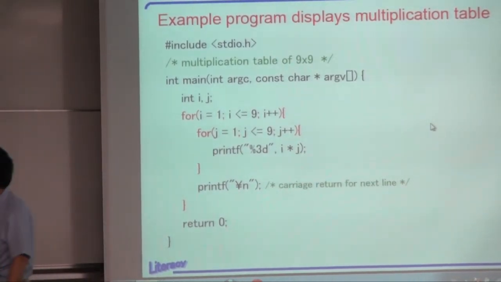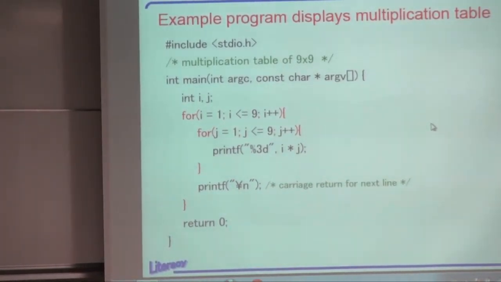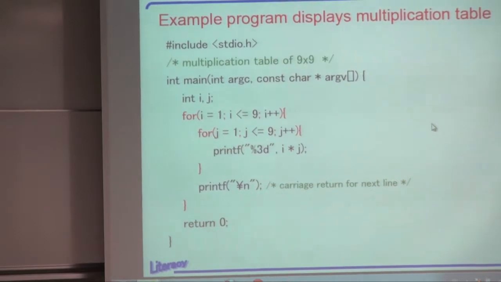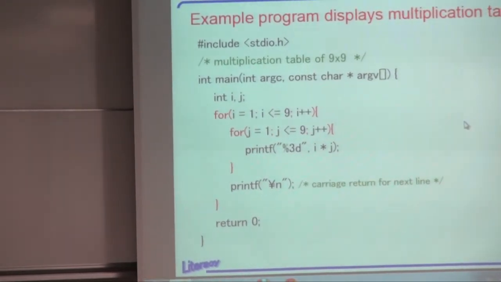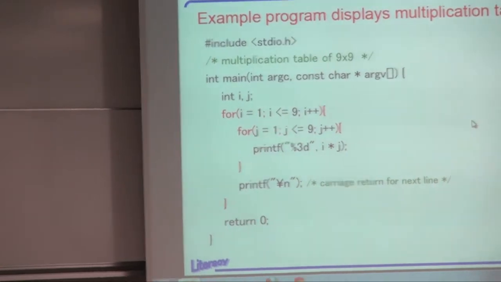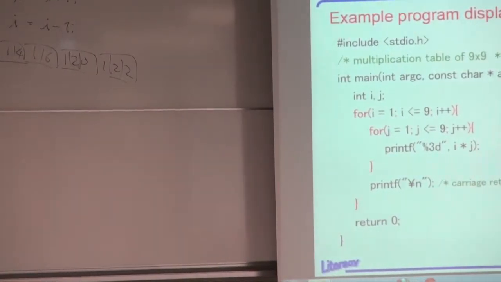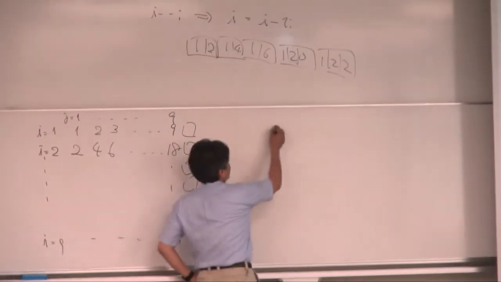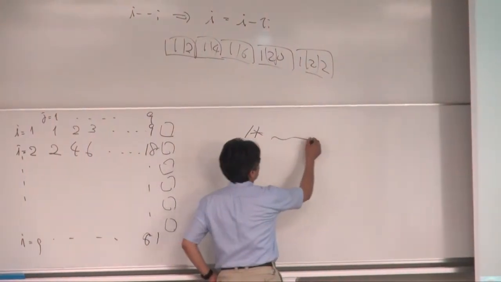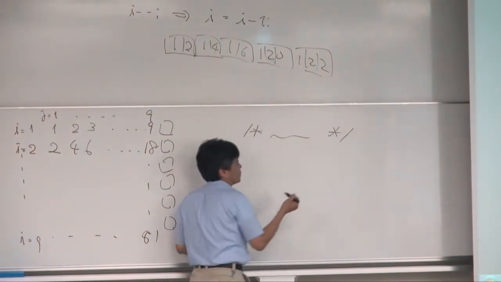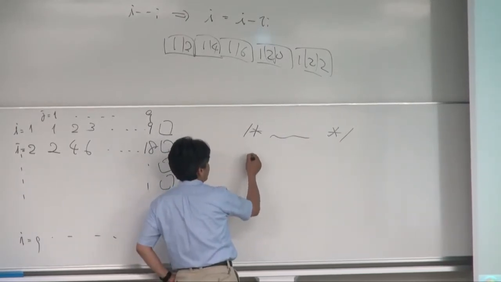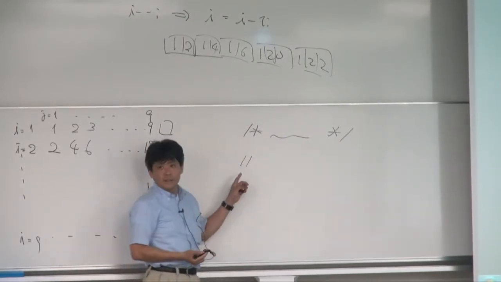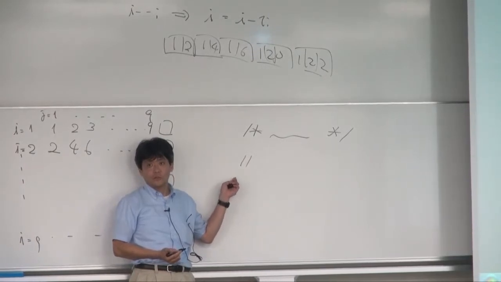Okay. So in C program, you can define two types of comments. One type is this, and the other type is double slash.